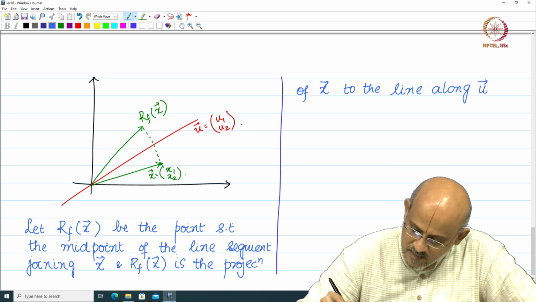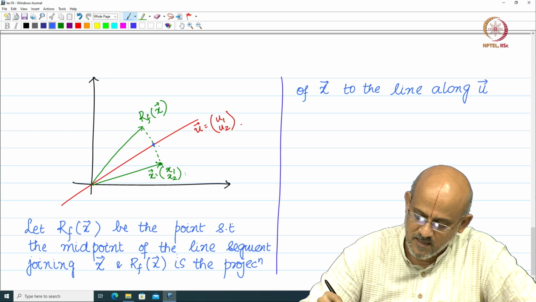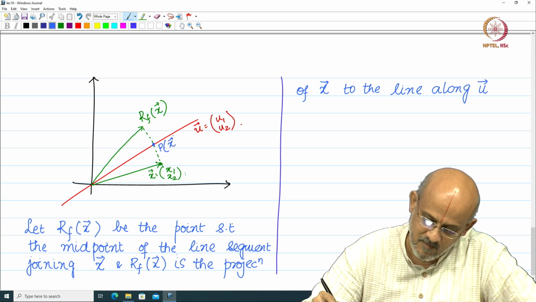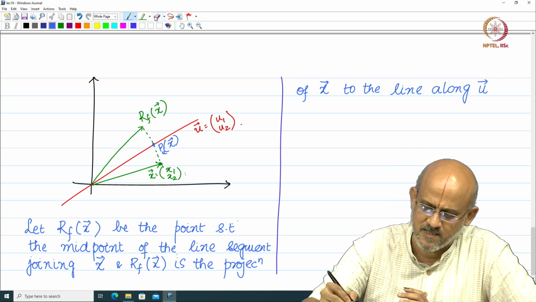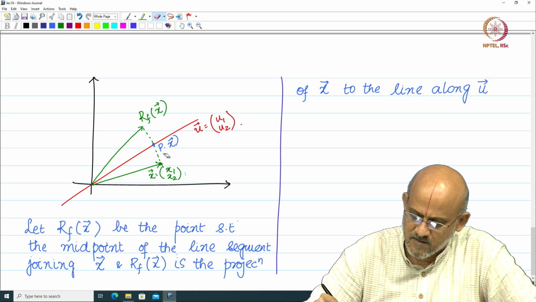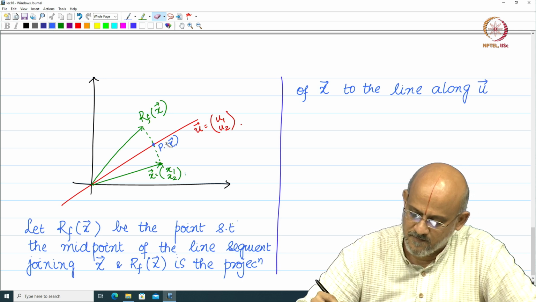Let us call this projection along u p of x along the direction u. You can put p u, which says that it is along the direction of u, or just leave it as p of x, that is a notation that we have used before. So, we use p of x.